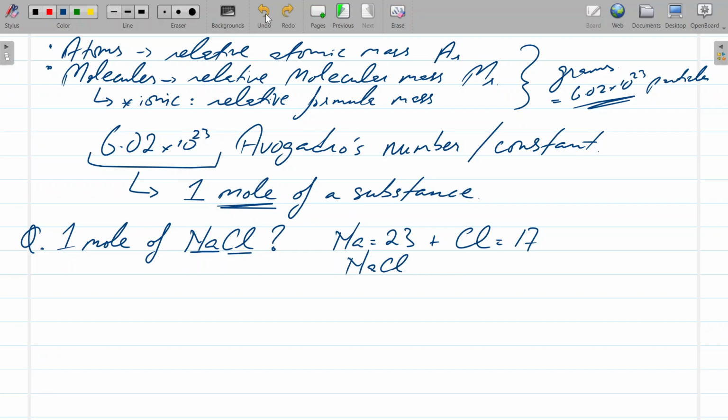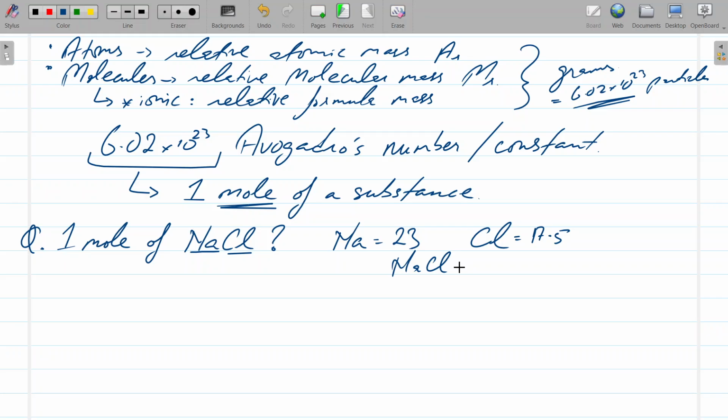Okay, so, well, it is 35, but we are looking at a single molecule. Okay. So that would be 17.5. And so NaCl, just a sec.